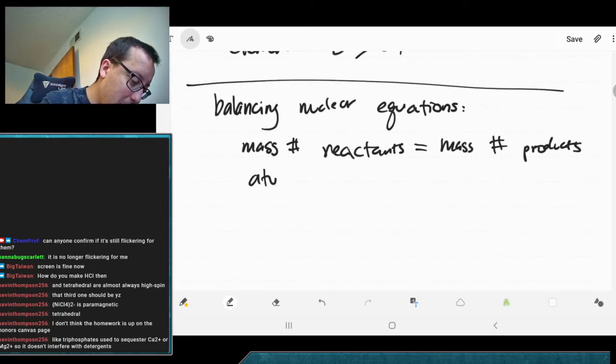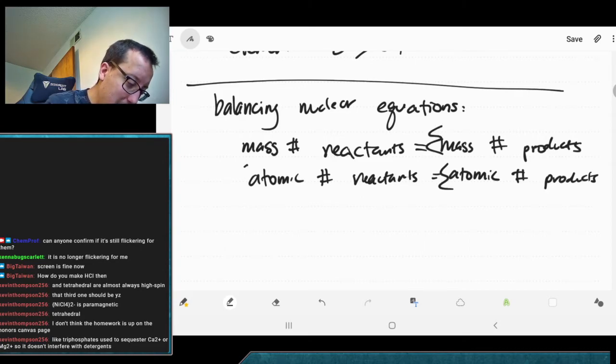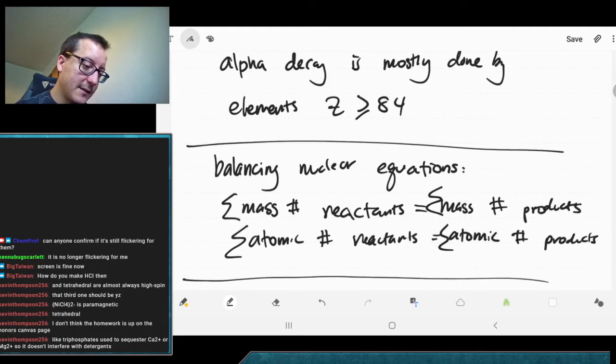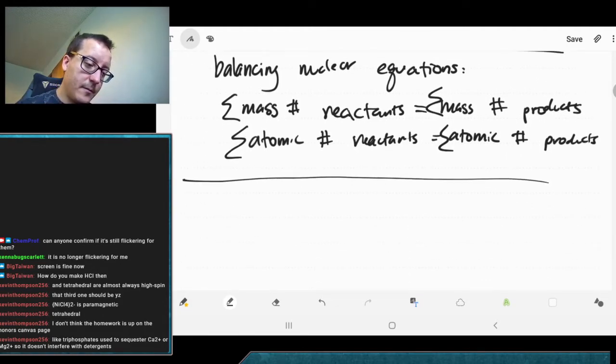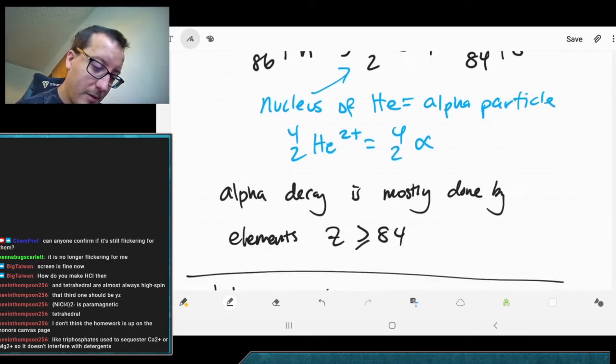And then the atomic number for reactants must equal the atomic number of your products. And technically these are sums. So all of your mass numbers must equal all of your mass numbers on the other side. So just keep that in mind. It's really easy to balance these. Just make sure everything on the top equals everything on the top on the other side. Everything on the bottom equals everything on the bottom on the other side. Easy.